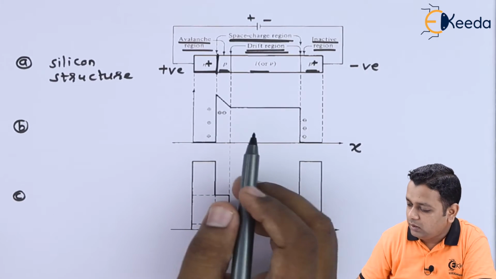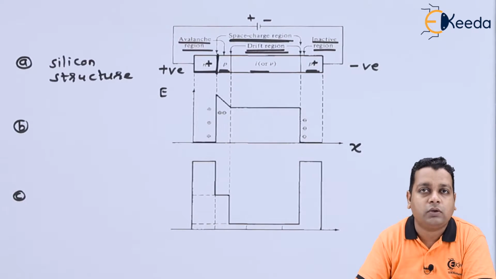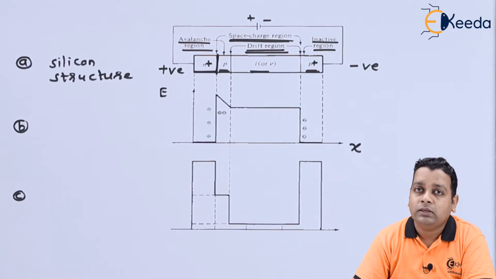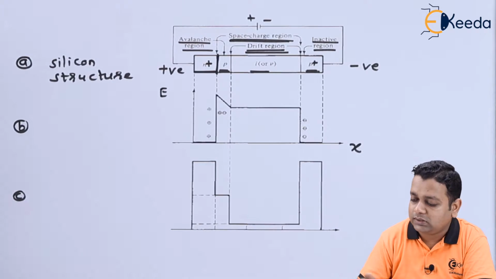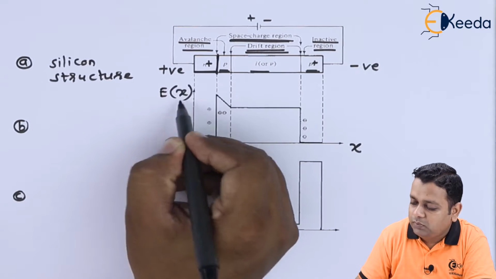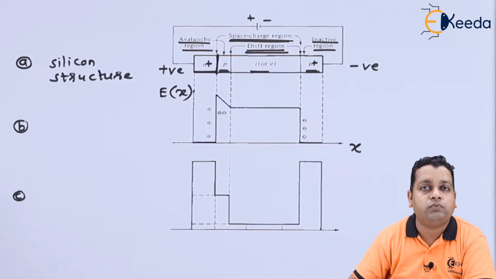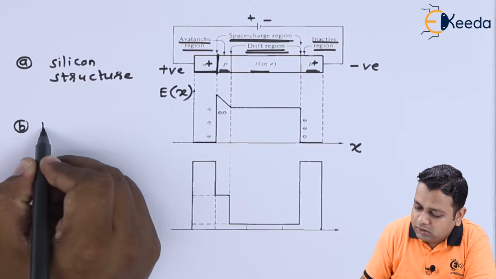Here, the electric field as a function of distance is denoted on the vertical axis. So E as a function of x, with x inside the brackets, and we name figure part B the field distribution.